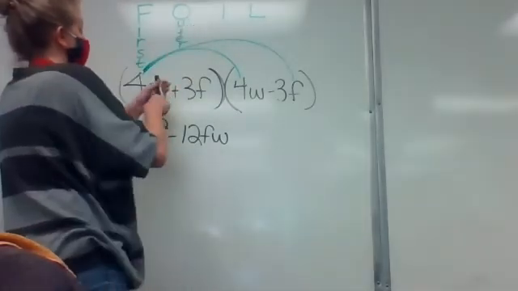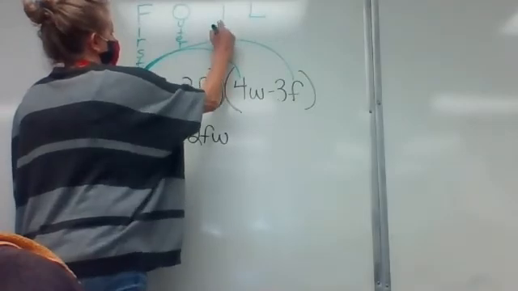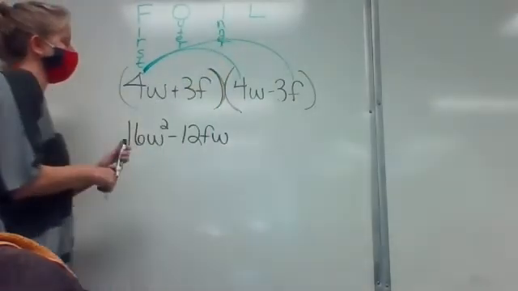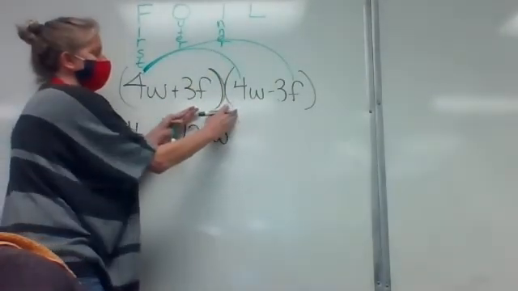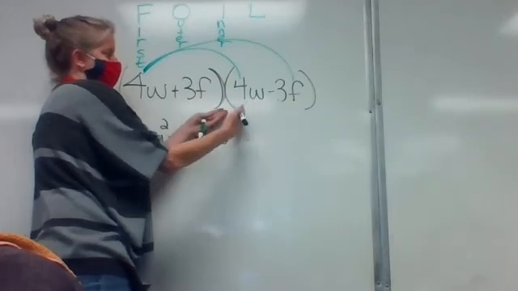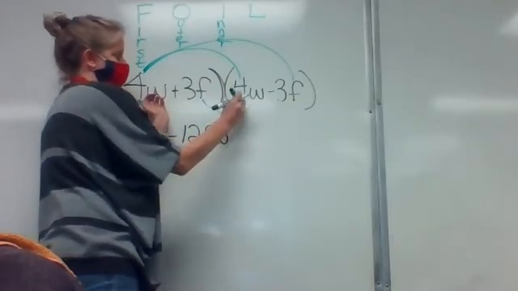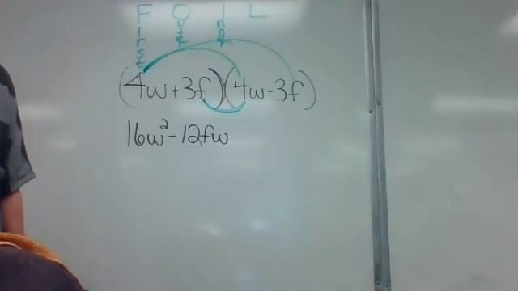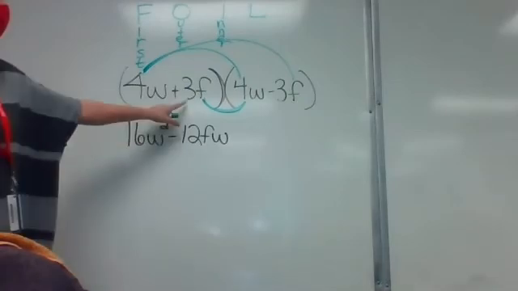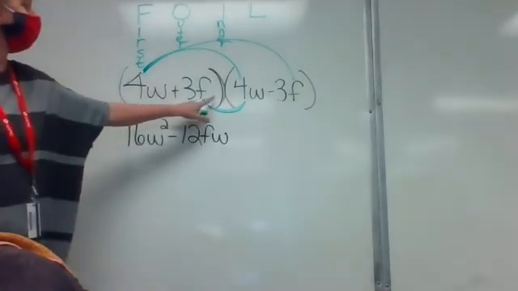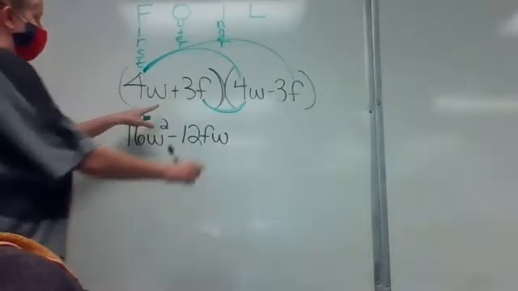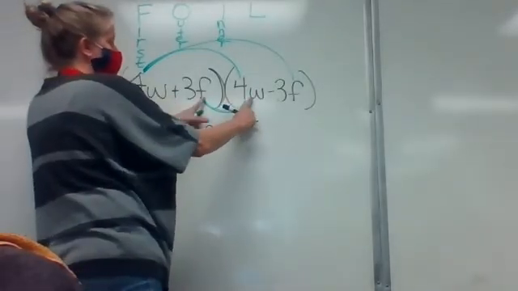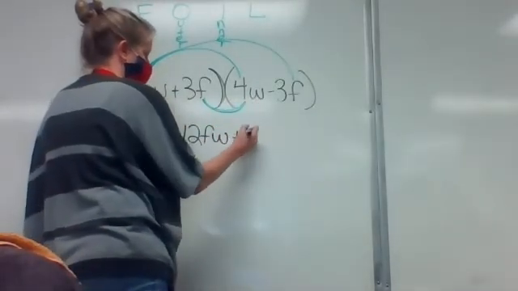So first, outer, the next thing is going to be inner. What that means is the most inside terms of the whole thing. So now I have a positive 3f times a positive 4w, which gives me positive 12fw.